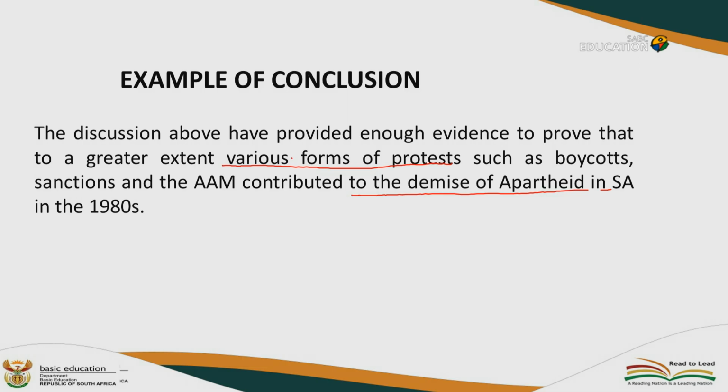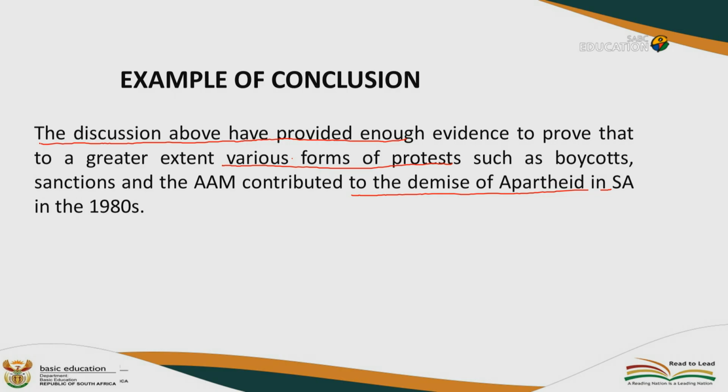So it's easy if you follow this pattern. The 3 steps that have been taken in the introduction can also be followed in the conclusion. Because there in the conclusion, you need to have what we call the conclusive statement. This shows that I am rounding off my essay. When I say the discussion above, it means I am no longer discussing, I am concluding my essay.